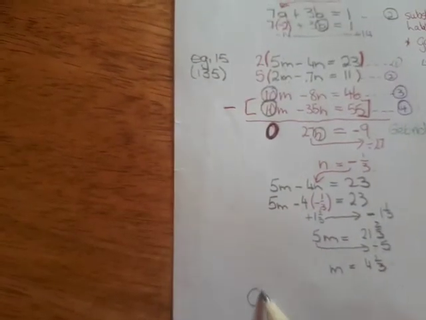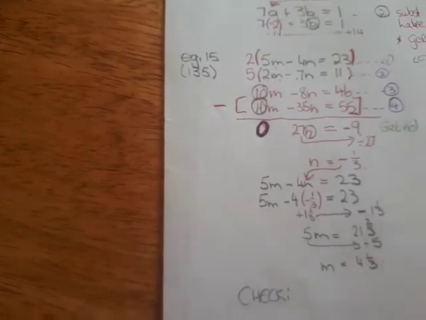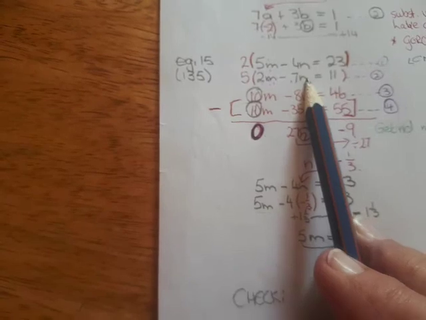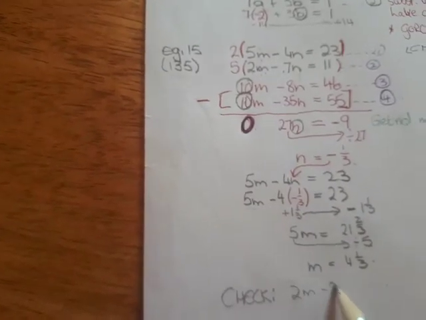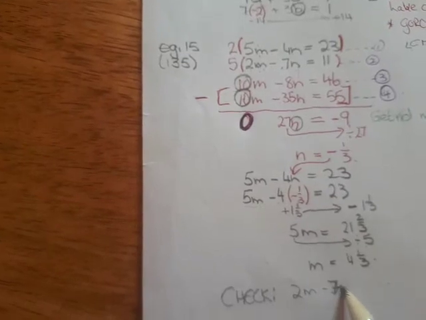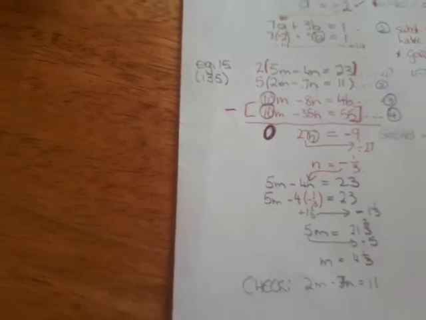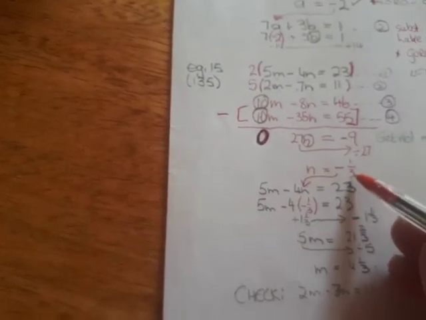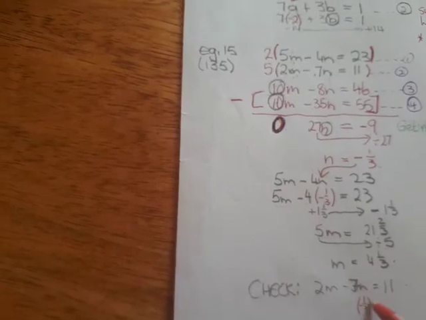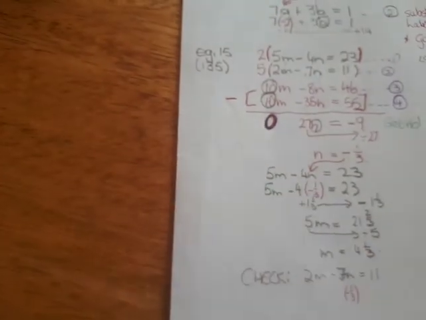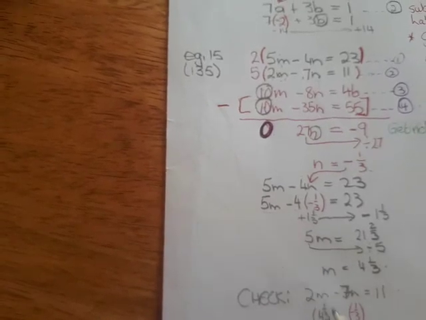Then you can do your check. Remember, you can use any of the equations. I'm going to use equation 2, 2m minus 7n equals 11. I will substitute n with negative 1/3 and m with 4 and 1/3.